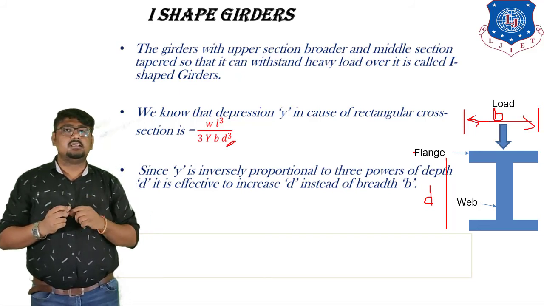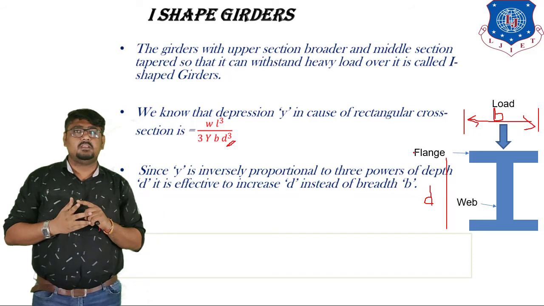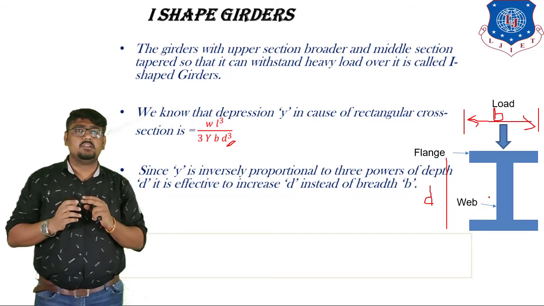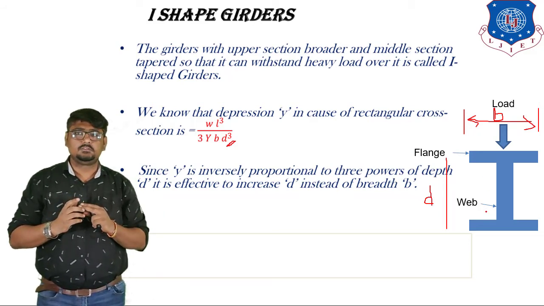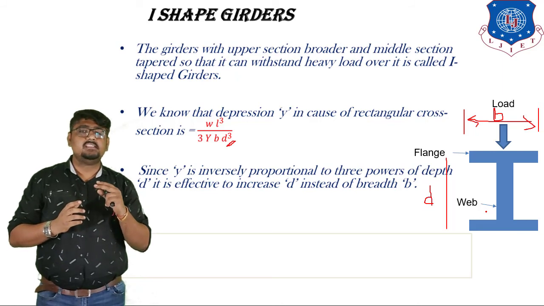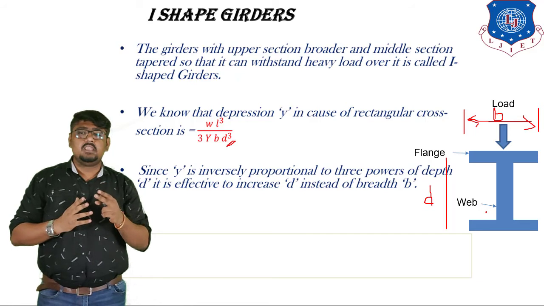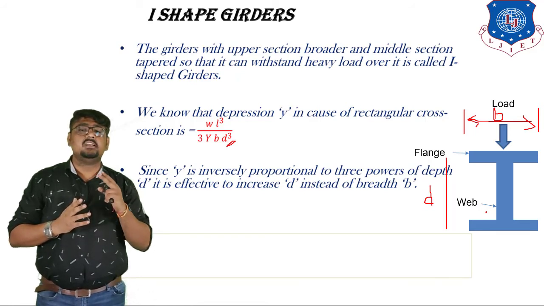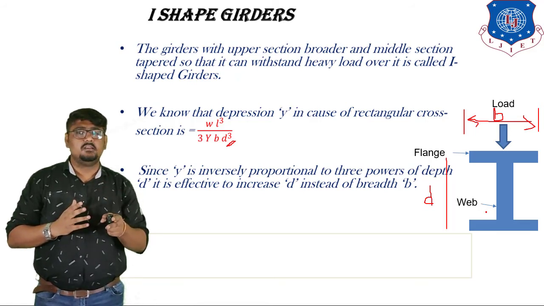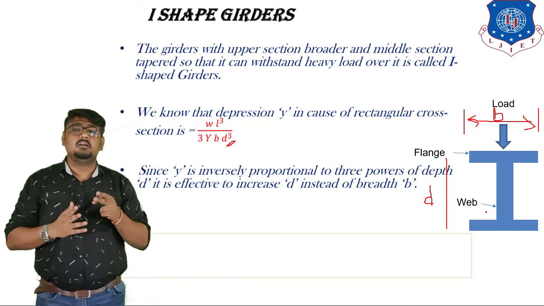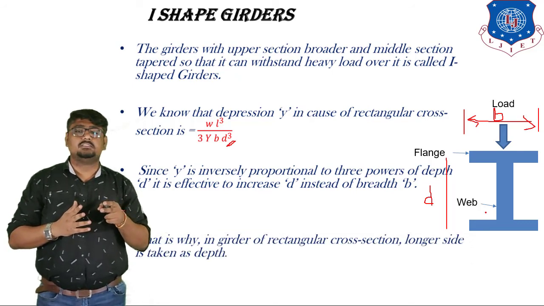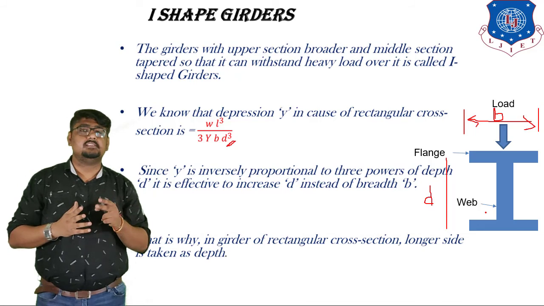So that is the reason we are increasing the depth and reducing B in order to keep the volume constant. Since Y is inversely proportional to the third power of the depth D, it is effective to increase D instead of B. This is why in girders of rectangular cross section the longer side is taken as the depth.